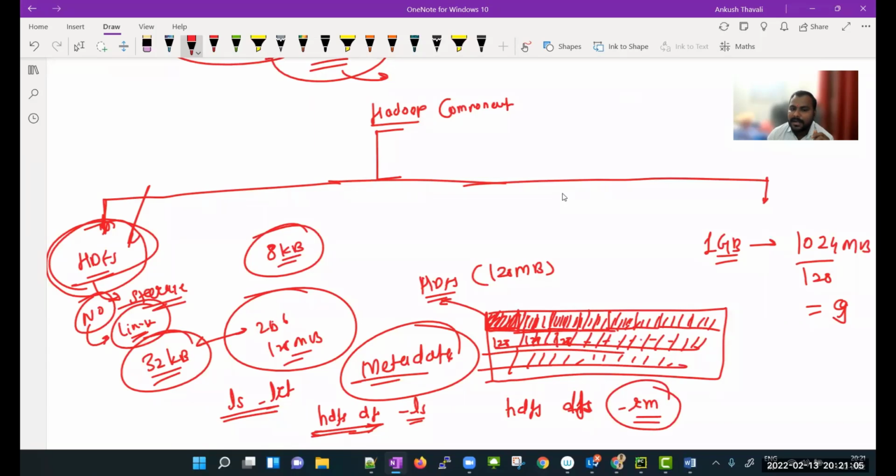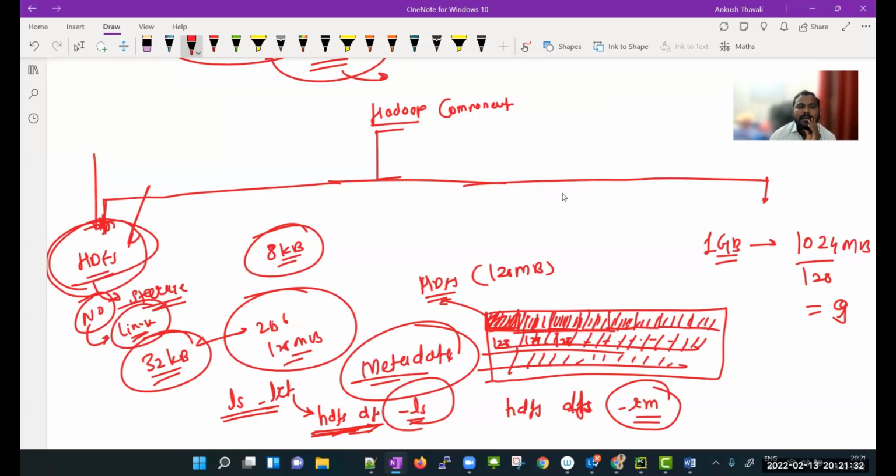This is the rm command, the ls command, all are Linux commands only. But if you use this prefix, it will be an HDFS command. So if you have some knowledge about Linux commands, you can easily understand HDFS. And anyway, I'm going to cover Linux also as a part of this course, so there is no problem.